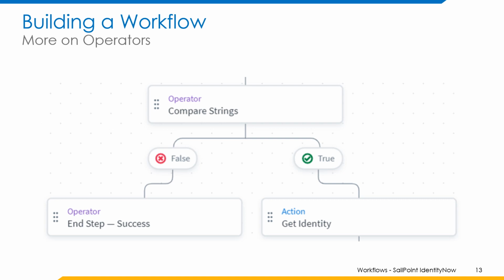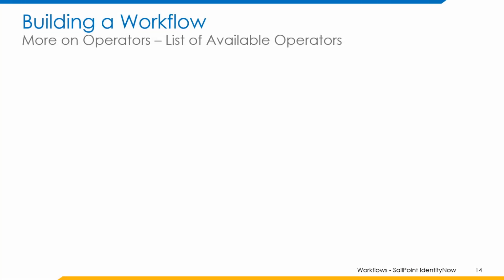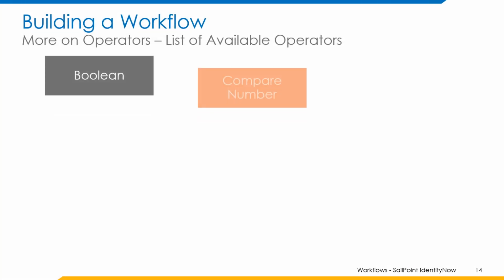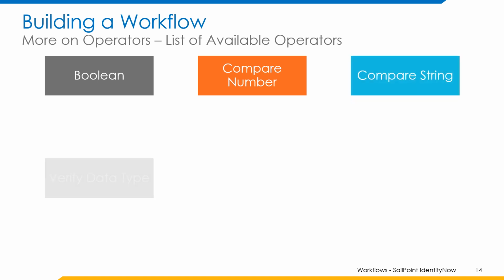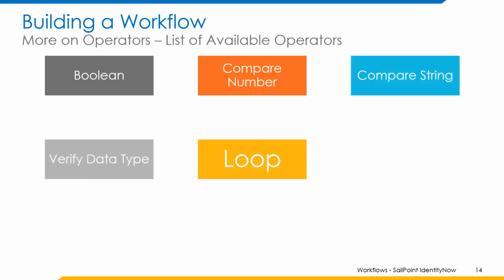Examples include comparison, loop, success, failure step, compare string, compare number, end step for success or failure. Workflow also supports the ability to use and, or, and not operators when comparing values in a comparator step. These are the list of operators that are available in SailPoint's IdentityNow workflows.